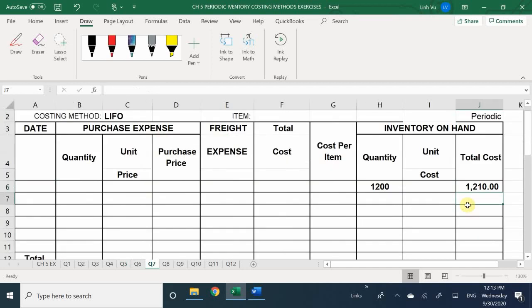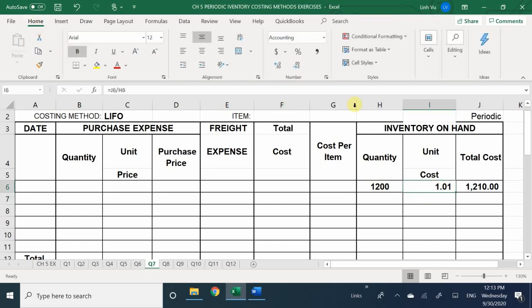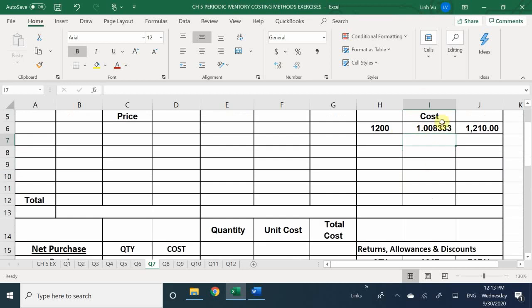Okay, which should give me a grand total of 1,210. And of course, I am actually going to do this to calculate my cost per item here. So in this case, it says it's 101, but we all know it is not 101. It is definitely 10008, blah, blah, blah. Okay, so make sure you keep this in your Excel sheet or your calculator, or when you calculate it, make sure that you calculate this number.